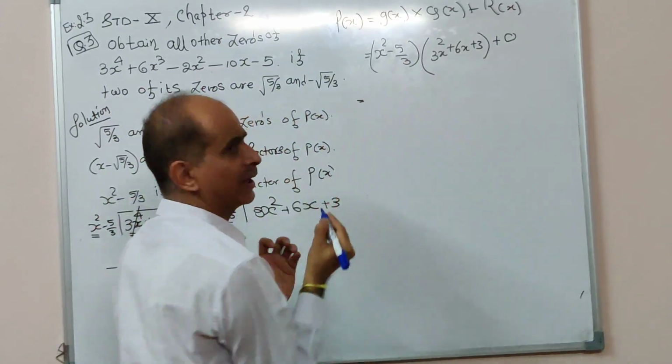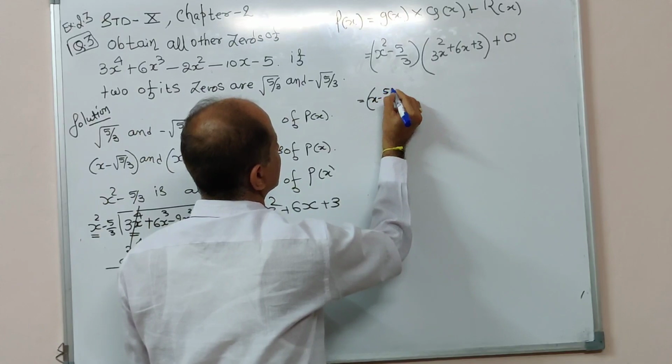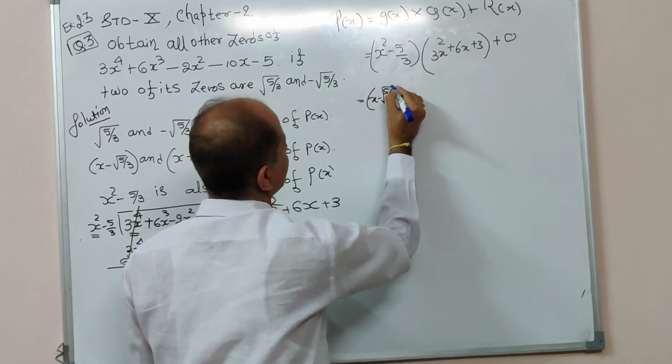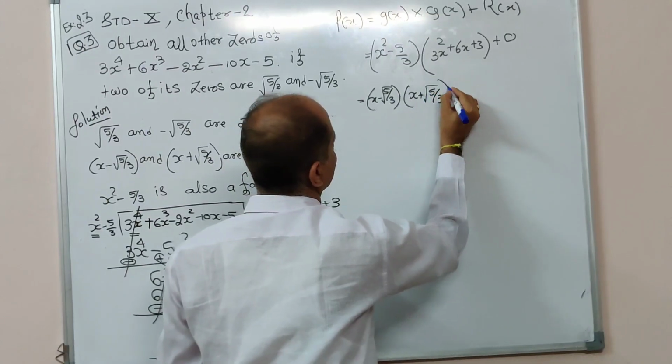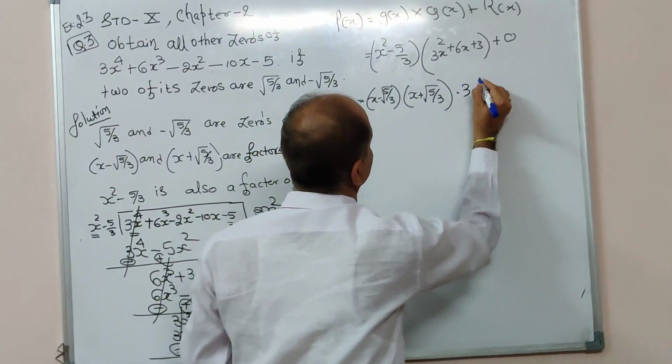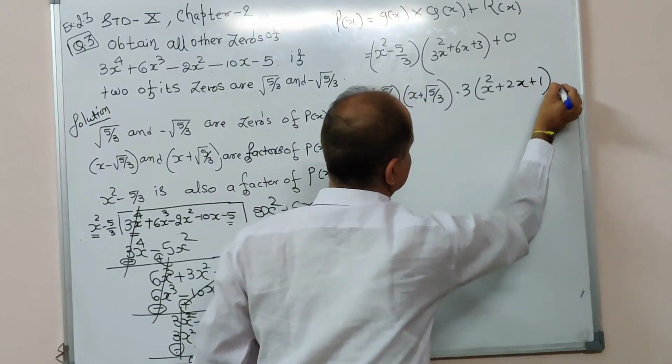You know x square minus 5 by 3, you can write as x minus root 5 by 3 and x plus root 5 by 3. Here you can take 3 common, you get x square plus 2x plus 1 in the second bracket.